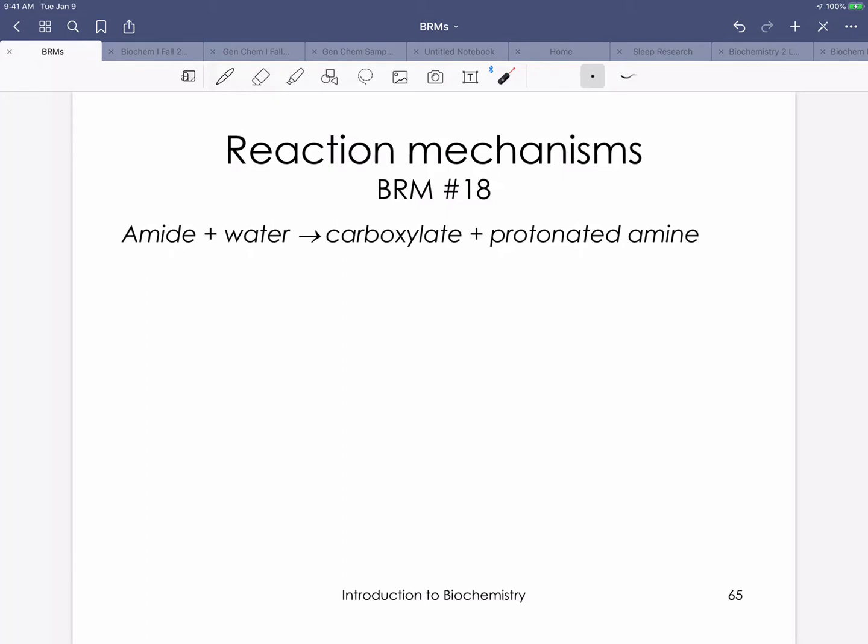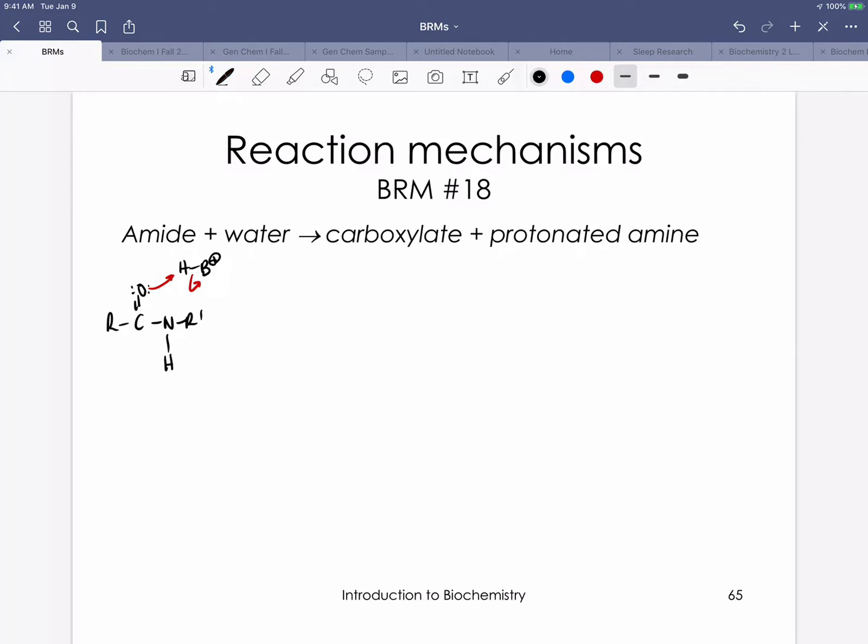we're going to begin here with our amide. And we highlighted that we wanted to protonate this amide in order to facilitate it being a better electrophile.